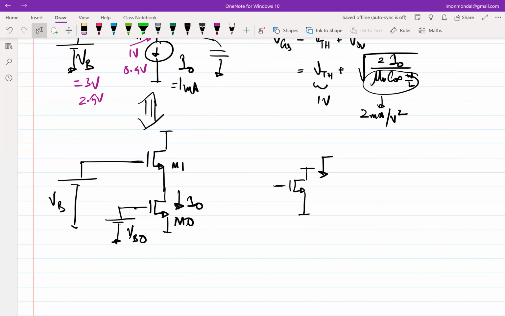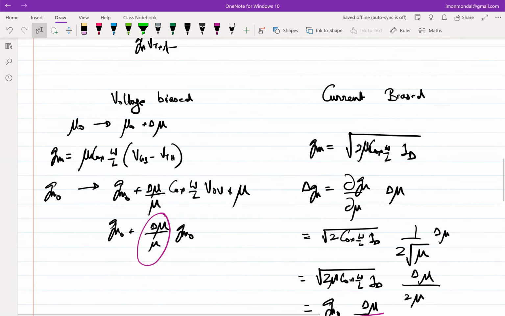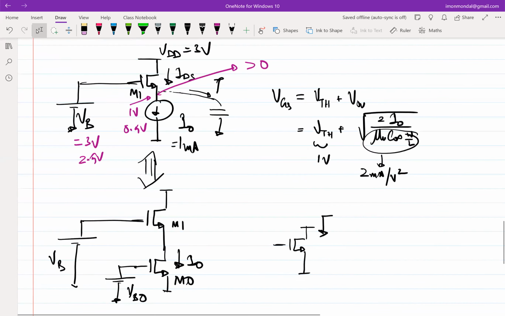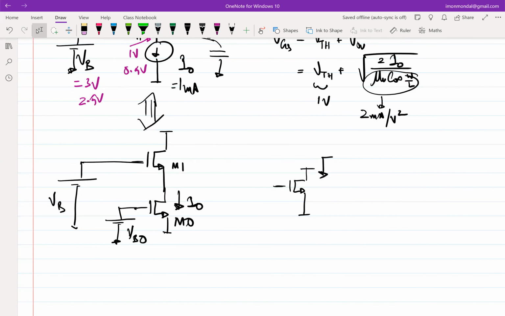So let's assume that VB naught has been generated from somewhere else. Just like here we generated the VGS of M1 from another transistor and fed it back, here I can generate the VGS of M0 from another transistor and feed it back. I haven't shown it here, right? So let's assume that VB0 is that.